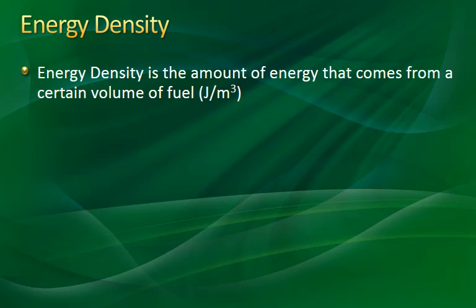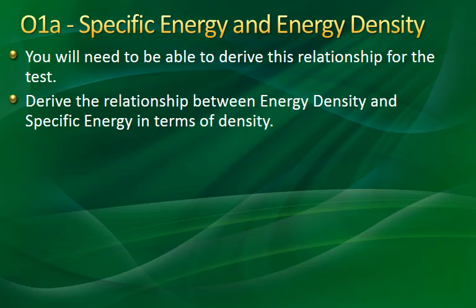Now, energy density is the amount of energy coming from a certain volume of fuel. That's how many joules per meter cubed you have. And so we're going to need to be able to go back and forth between each of these. If we have energy density, that's how much Q per volume of fuel, how many joules per meter cubed.